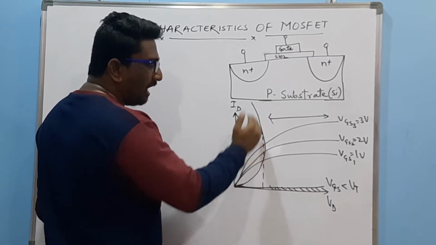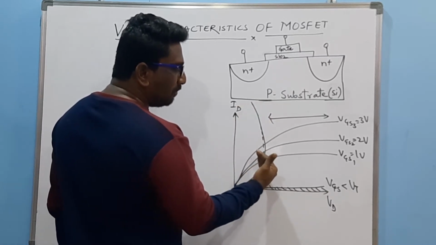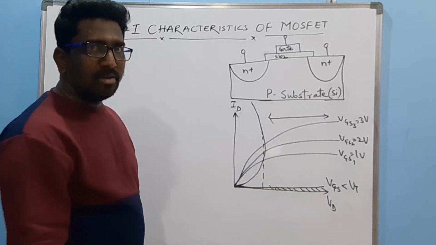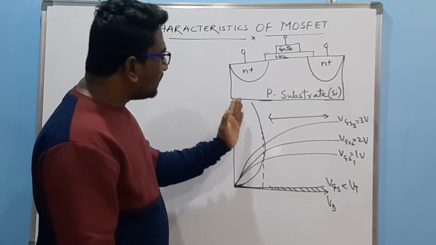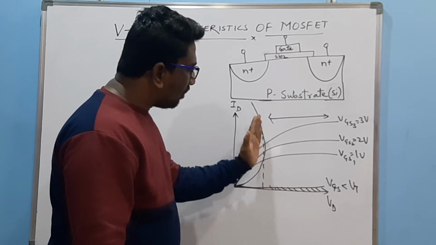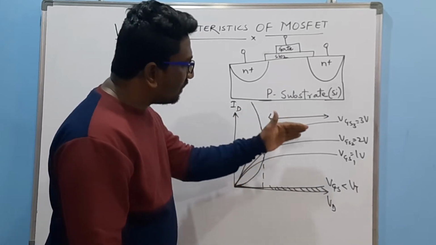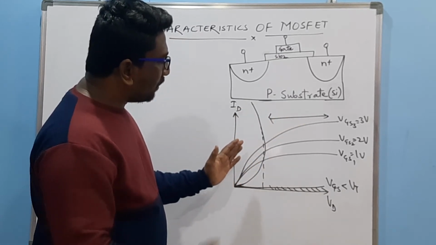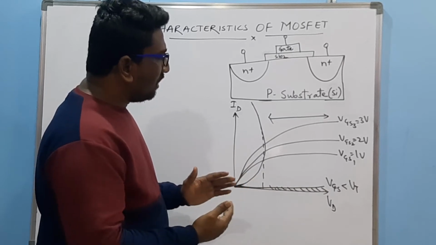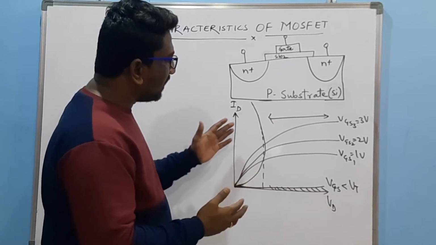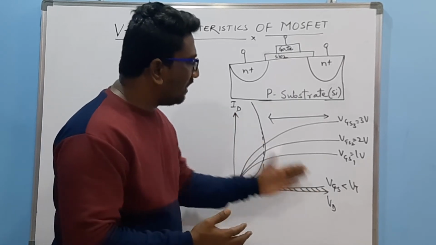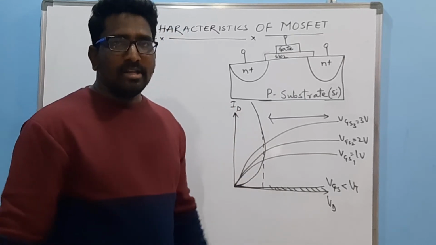Because they are linear, the bending of the curve takes place only after this region. Since all these curves are linearly proportional between VD and ID here, we call this region the linear region.